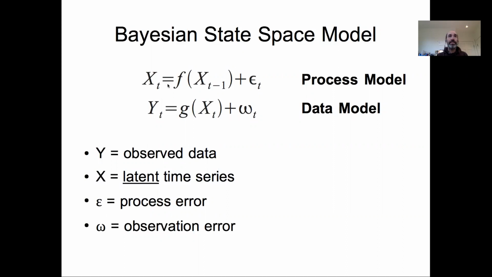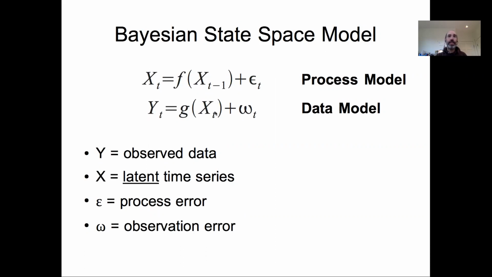But these X's that are evolving through time are themselves latent, they're not observed directly. And then we have this data model that links our observations of our observed data Y to our X's, our latent time series, with some observation error.